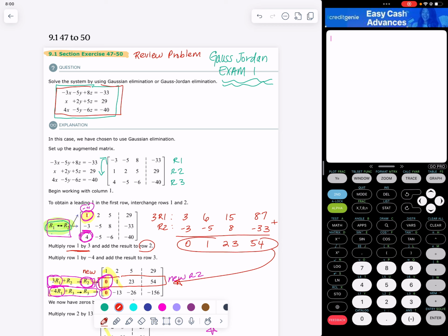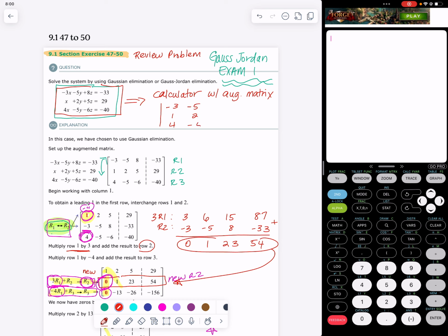So we're going to go to our calculator and we are going to go ahead and create our augmented matrix. So we'll go ahead and write that: -3, 1, 4, -5, 2, -5, 8, 5, -6, -33, 29, and a -40.